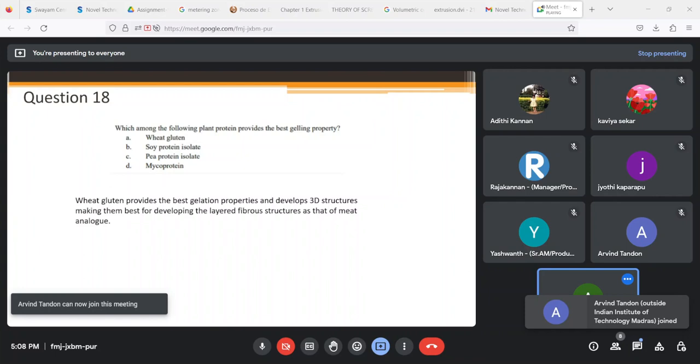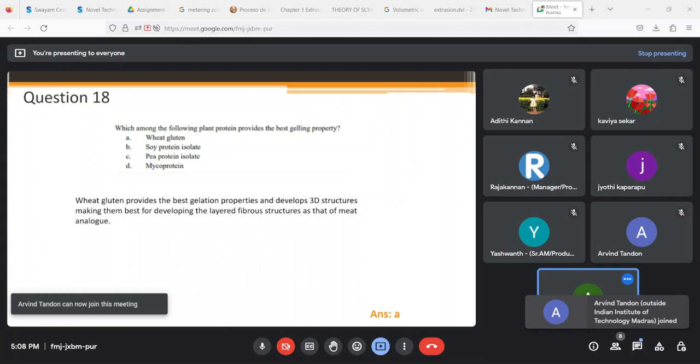Wheat gluten is used because it has an ability to form gel-like structures, which is kind of like the texture that you get for meats. So wheat gluten is an example of texturized vegetable protein that is used to form meat analogs. The answer is option A.